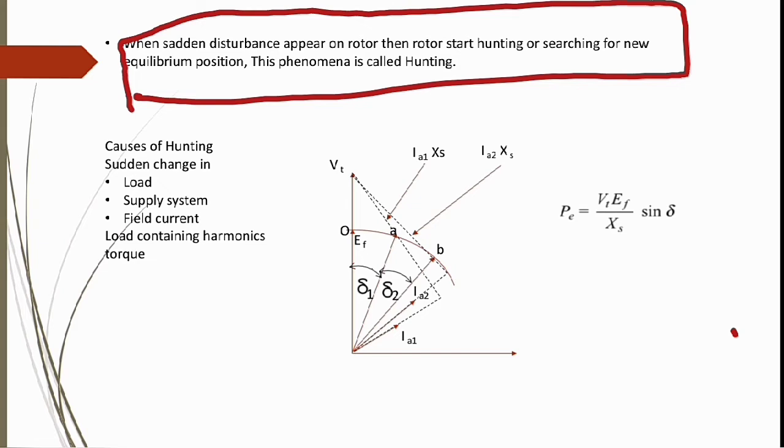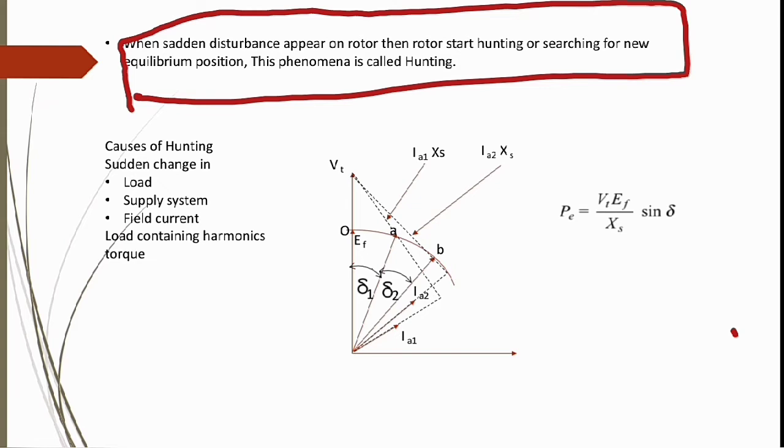So hunting is just like, whenever a disturbance occurs, at that time acceleration happens in the rotor to find or hunt the new position which is suitable for stability.